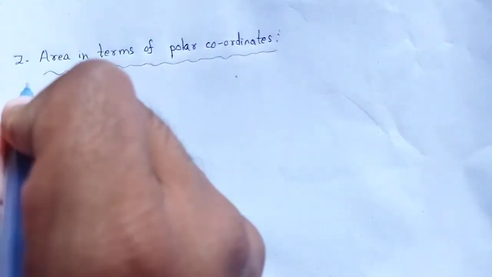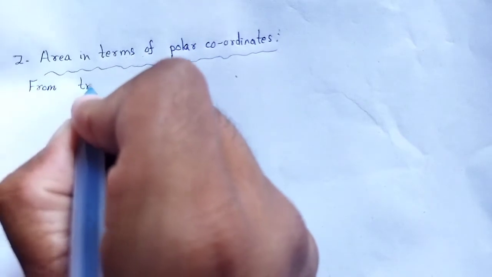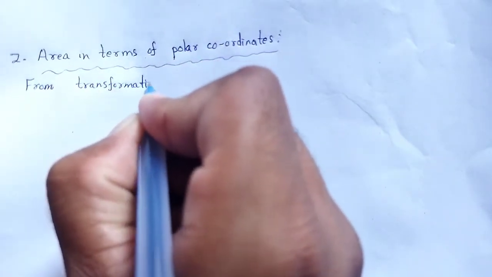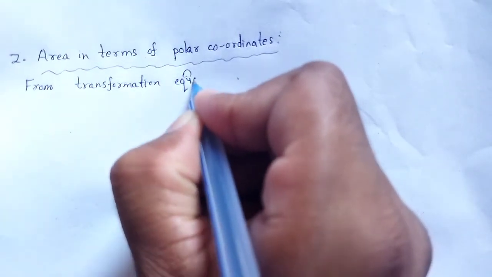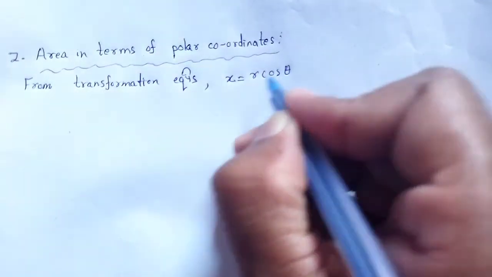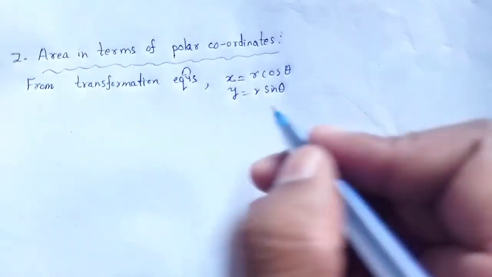Again, from the transformation equation, we have x is equal to r cos theta, y is equal to r sin theta.